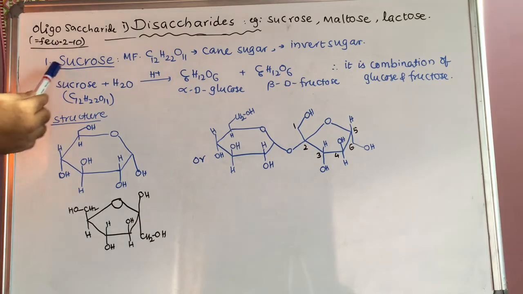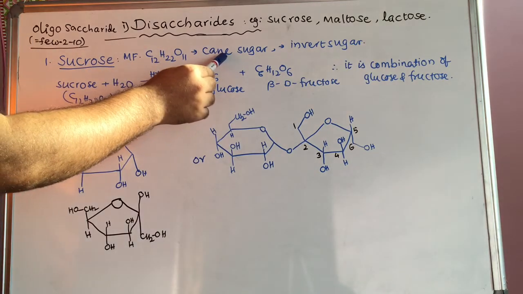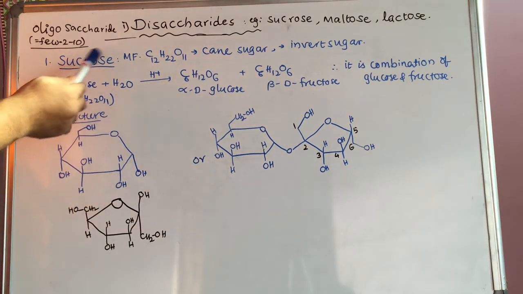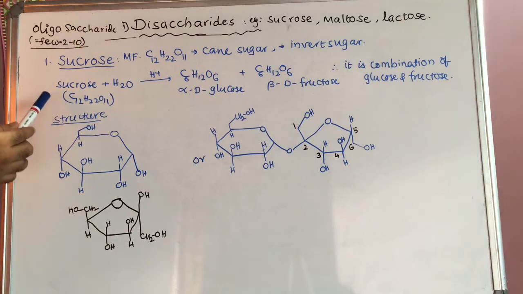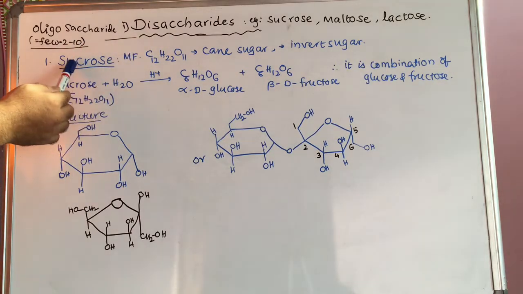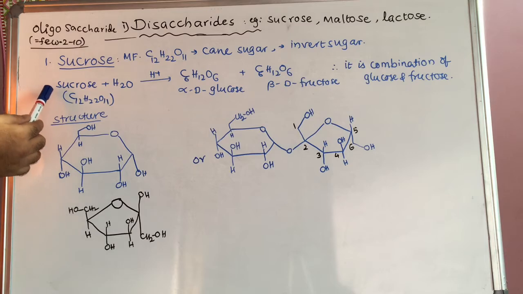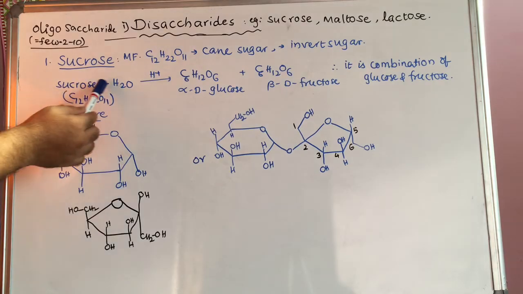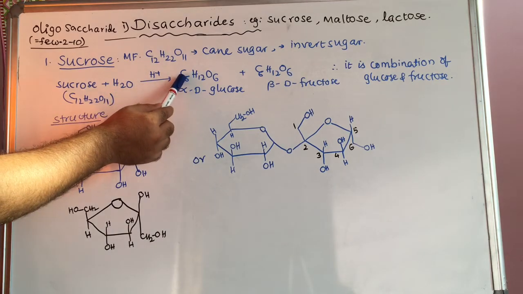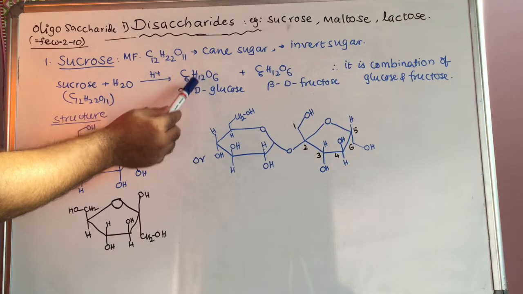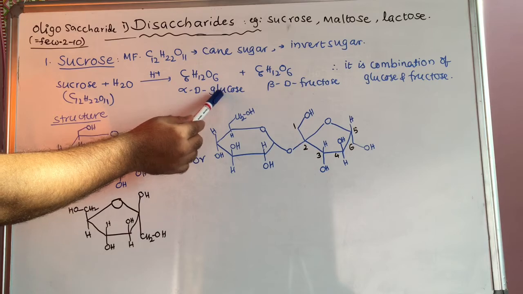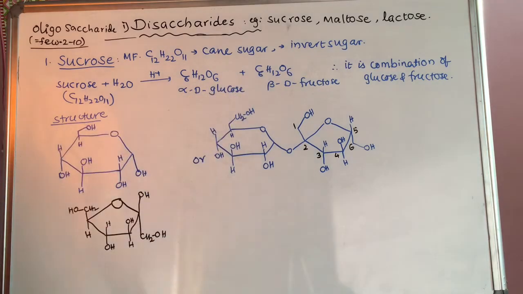Sucrose is mainly prepared from cane sugar. It is also known as table sugar. Sucrose on acidic hydrolysis gives 1 mole of alpha D glucose and 1 mole of beta D fructose.